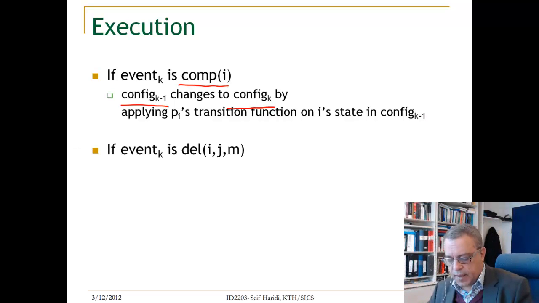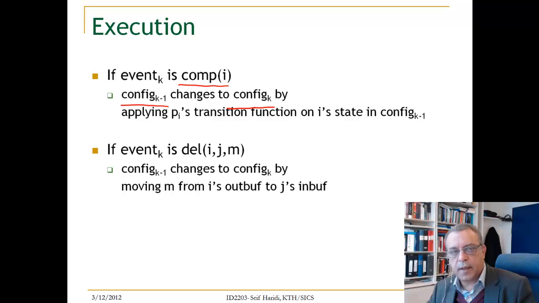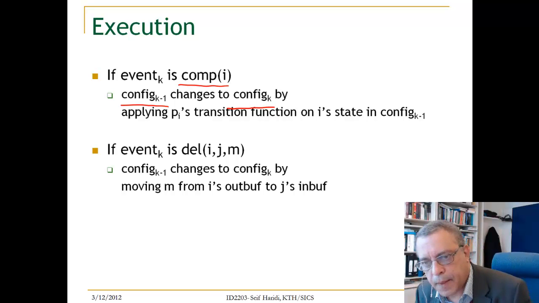And if it is a delivery event, we just change the configuration from one state to another by moving a message from the output buffer of node i and delivering it to the input buffer of node j.